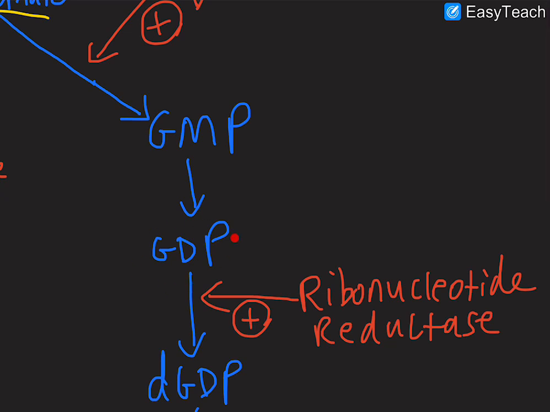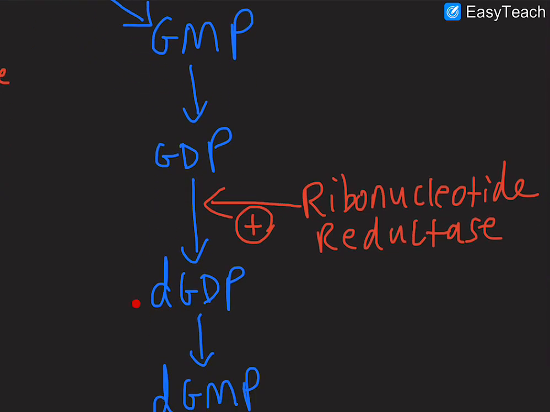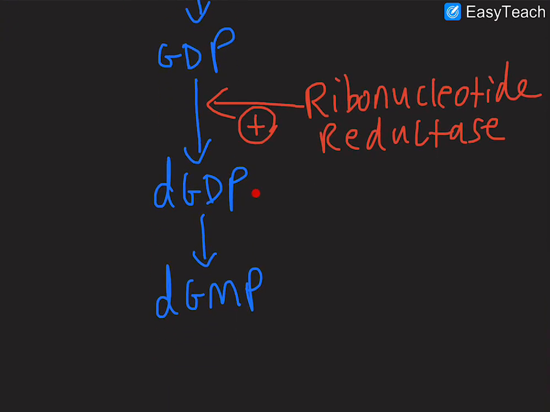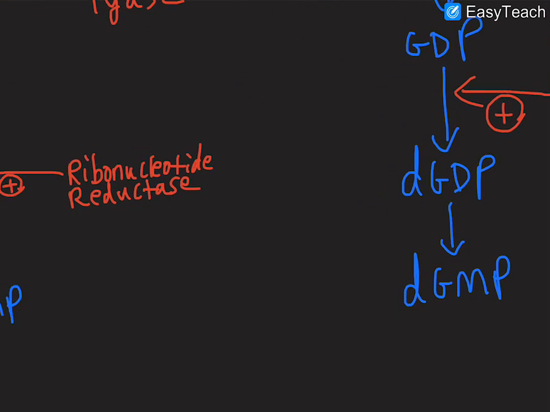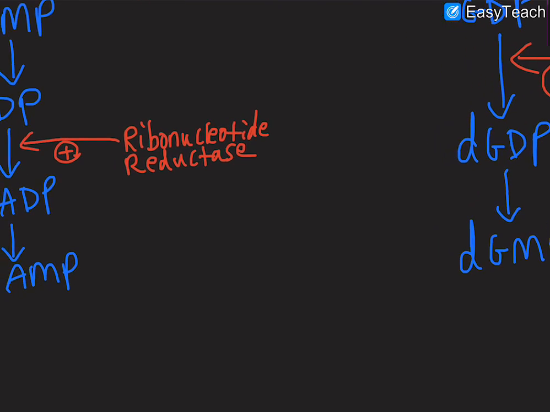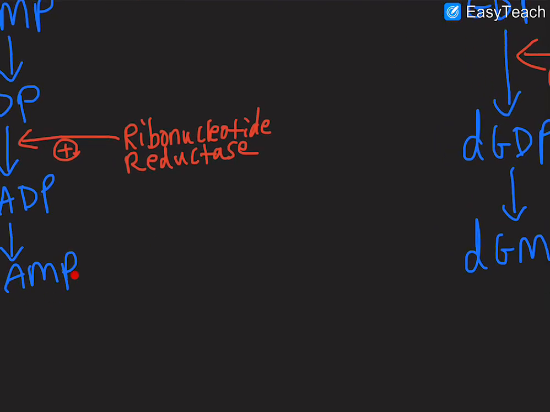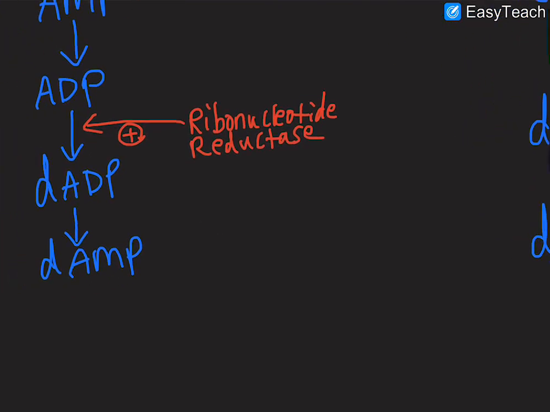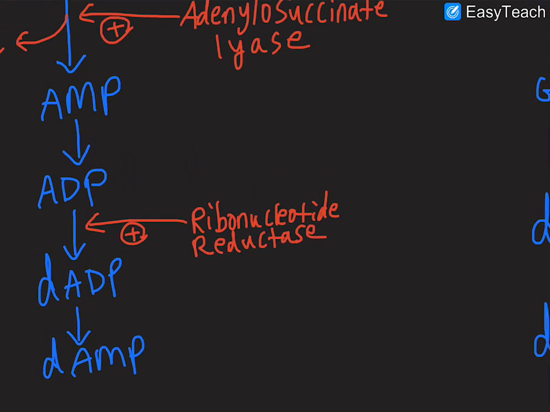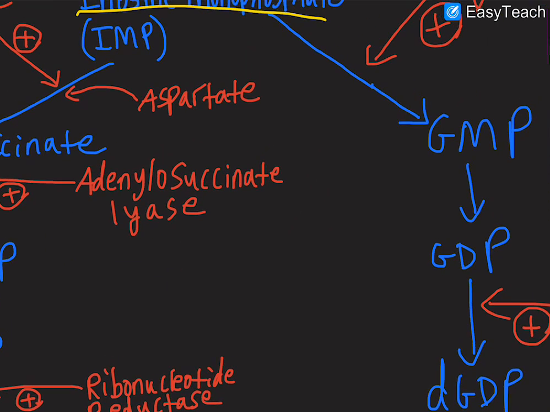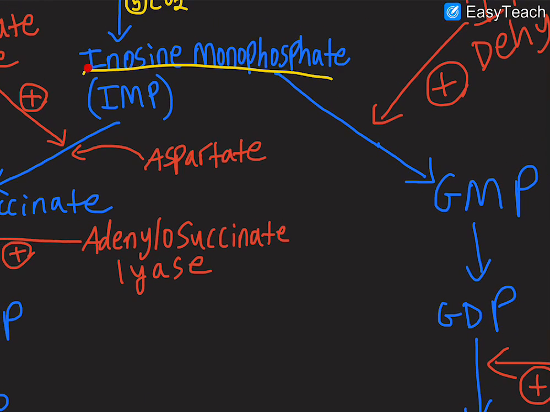Then from GDP, we convert that to deoxy GDP via ribonucleotide reductase. And from deoxy GDP, we convert that to deoxy GMP by taking out a phosphate. So we can make GMP and deoxy GMP, and AMP and deoxy AMP, all from IMP. IMP is an important molecule in purine synthesis.